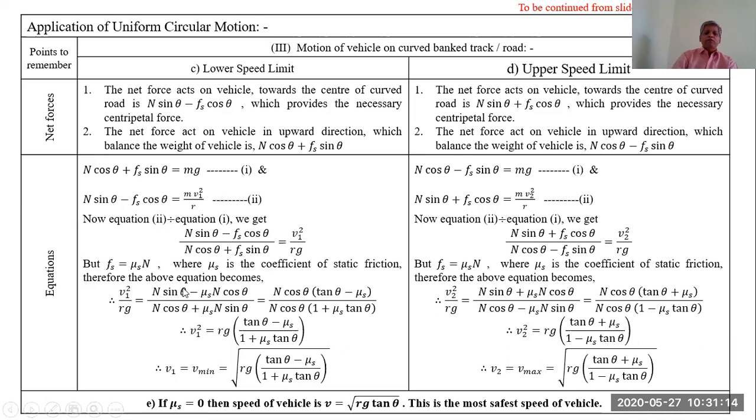Therefore, the above equation becomes v1 square upon Rg is equal to N sin theta minus mu s N cos theta upon N cos theta plus mu s N sin theta, and that is equal to N cos theta into bracket tan theta minus mu s, taking N cos theta common here.